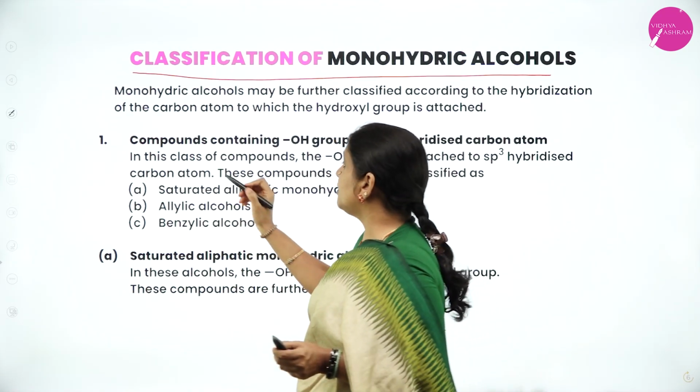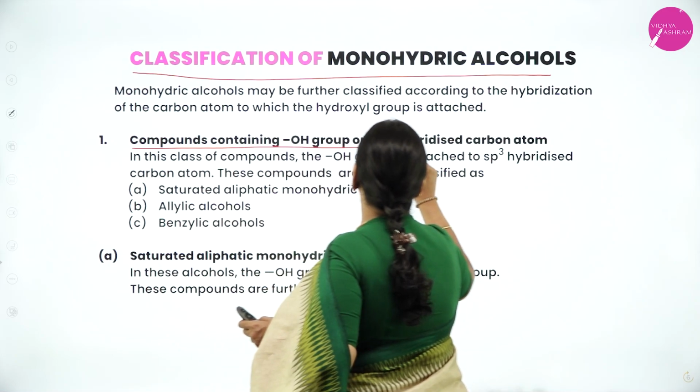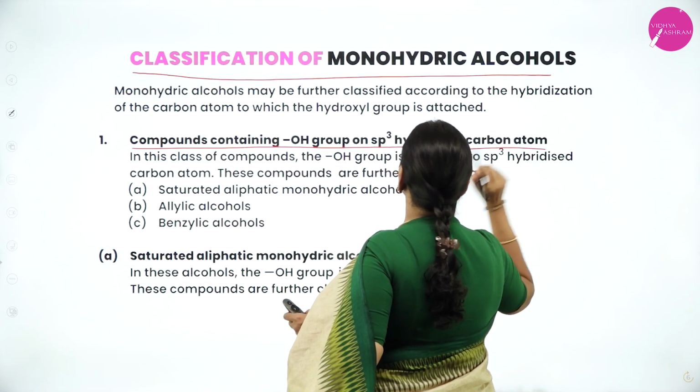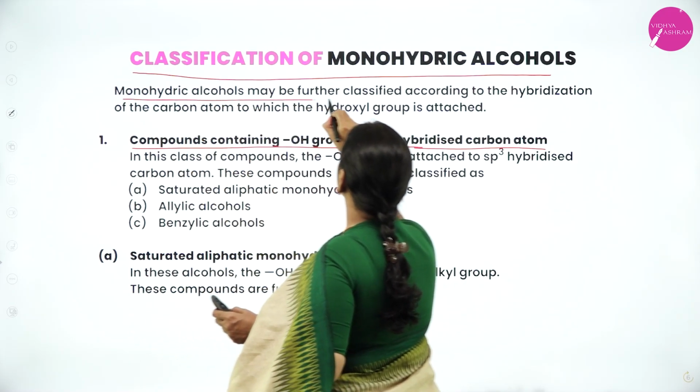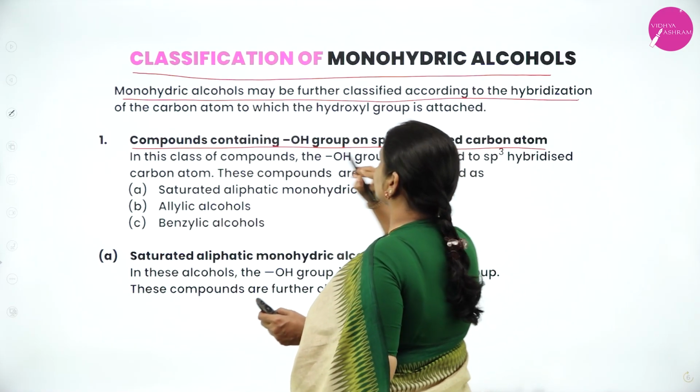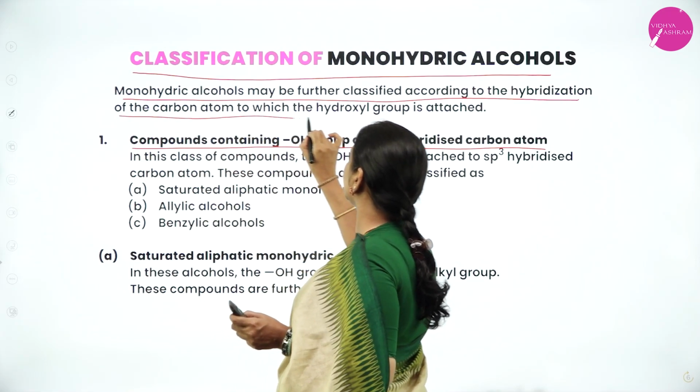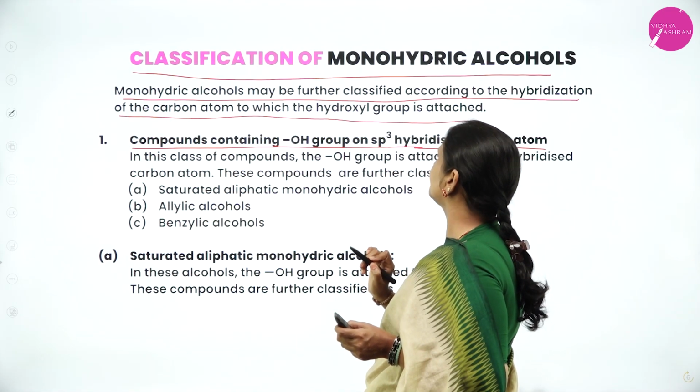First, compounds containing OH group on sp3 hybridized carbon. Monohydric alcohols may be further classified according to the hybridization of the carbon atom to which the hydroxyl group is attached.